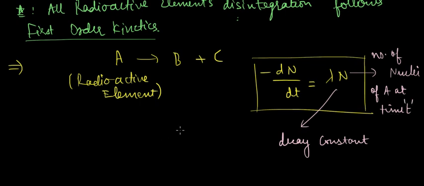Okay, so we can also write A equals lambda N, where the rate of decay or disintegration of a radioactive element can be written as A equals minus dN upon dt.